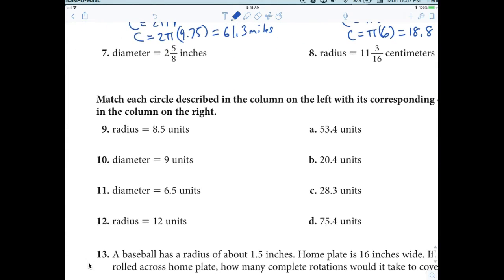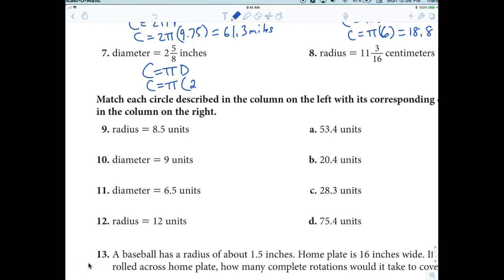Tell me about number 7. So you would do C equals pi d. Good. And then you would do pi times... Okay, so on your calculator, do 5 divided by 8.